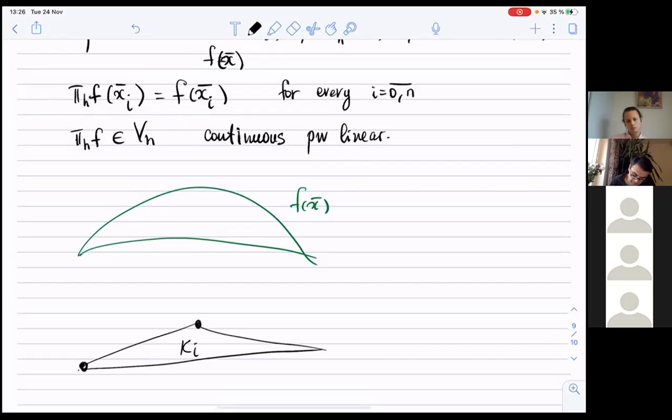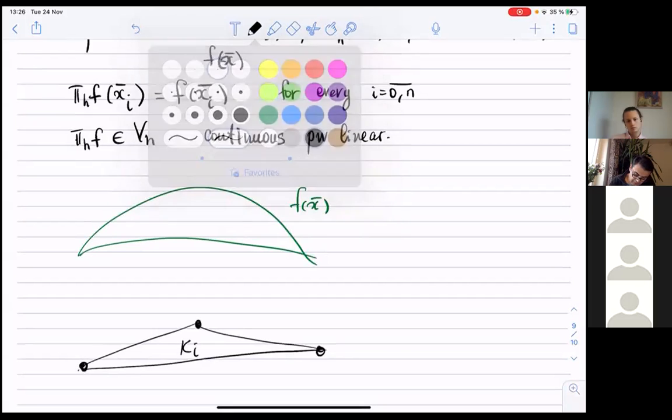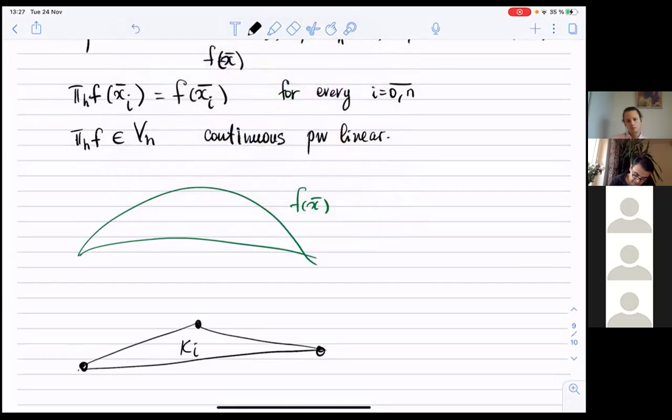Then we have these nodal points, and for every nodal point we assign one point here, a second point, a third point, something like this. The function could be curved in between because these are not linear functions. That's why f of x does not necessarily live in our finite element space. But we construct a surface which passes through these 3 points.